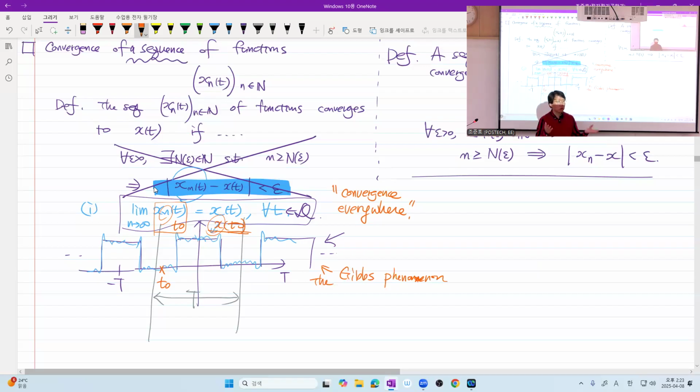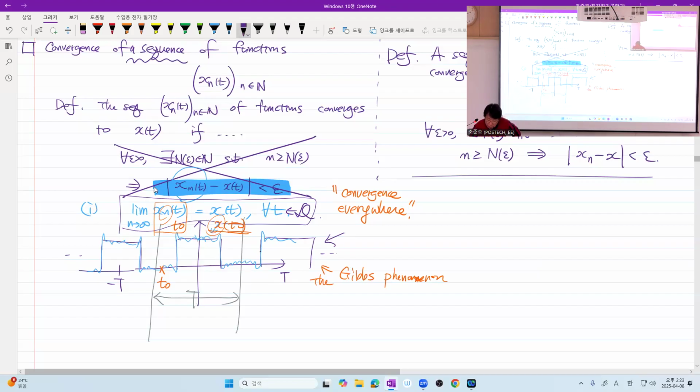You choose 10 million. You choose 10 million raised to the 10 million. Even when you do that, the amount of maximum error does not reduce.